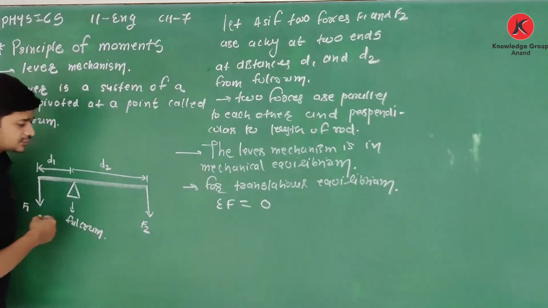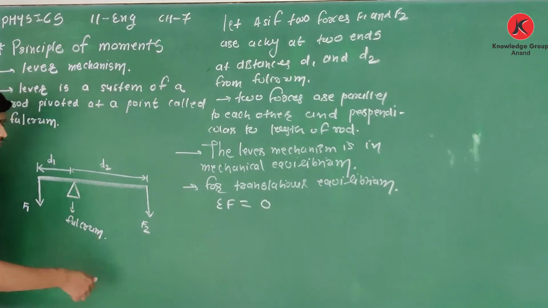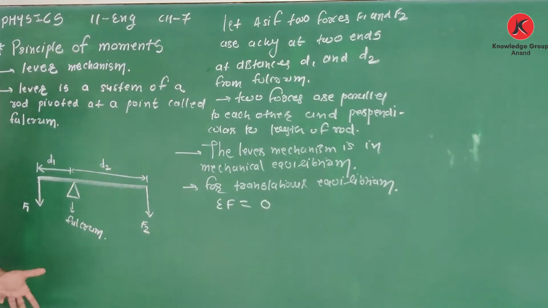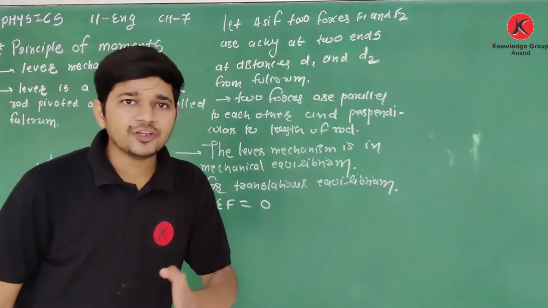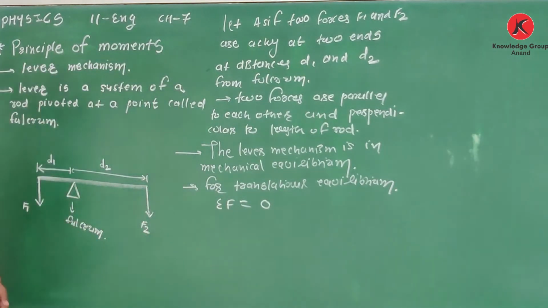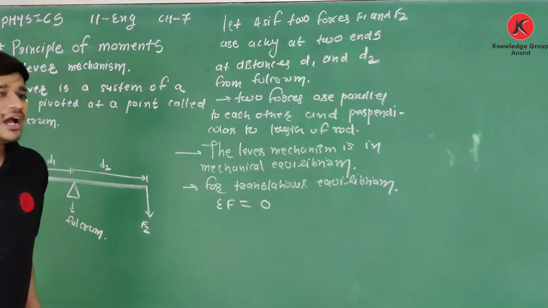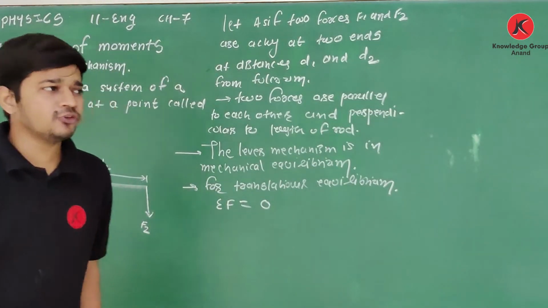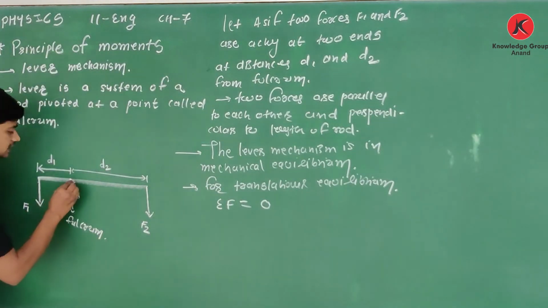Here in this system there are two forces, F1 and F2, and they are acting in the same direction. So is it possible that sigma F becomes 0? No. There must be another force which acts in the opposite direction, and that force is here.